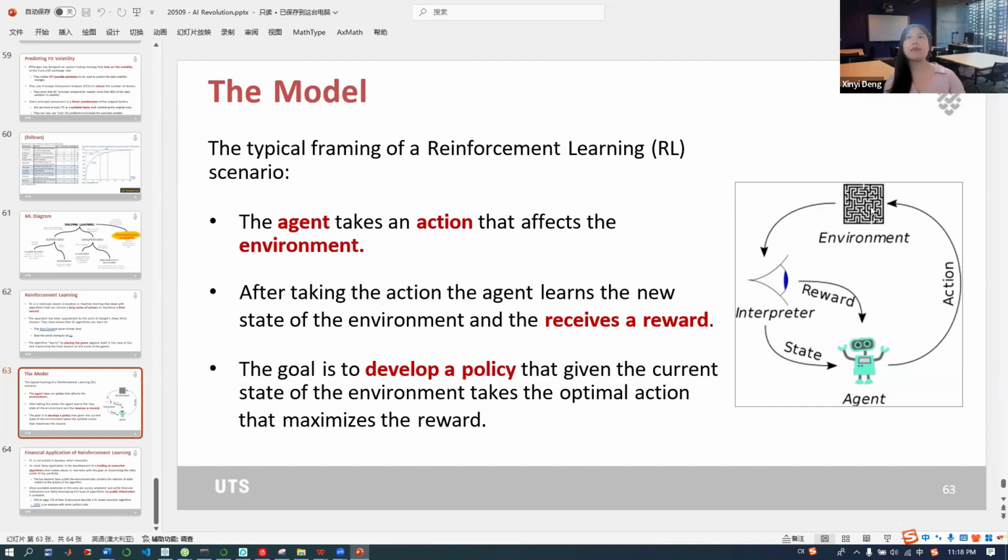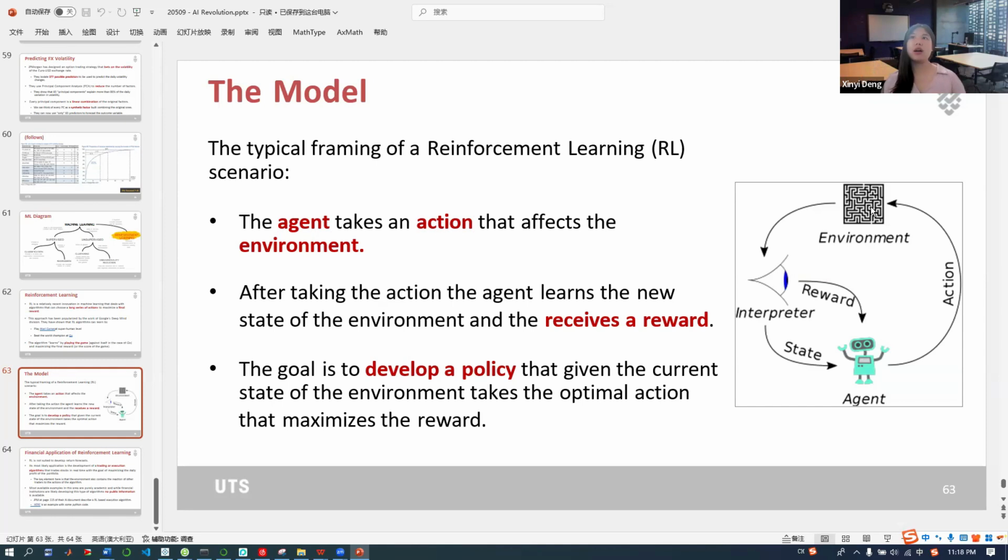So the agent receives both a new state as well as a reward. By trial and error, the agent is able to learn what the payoffs of all its available actions are.